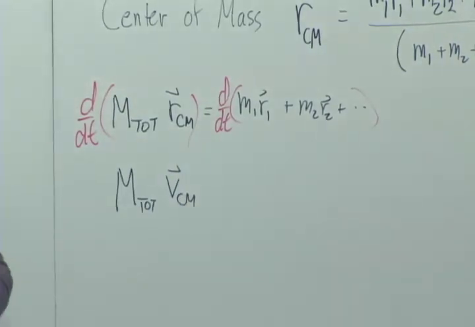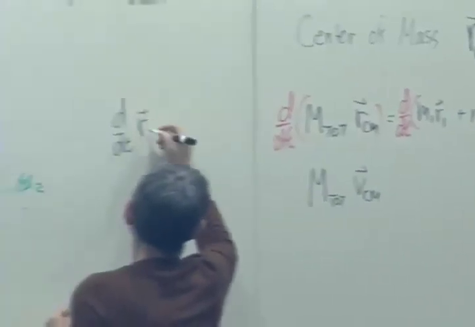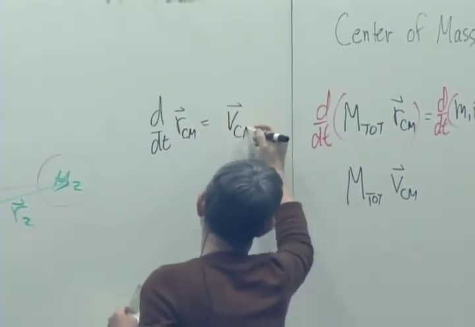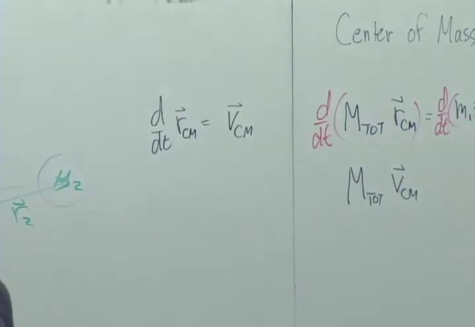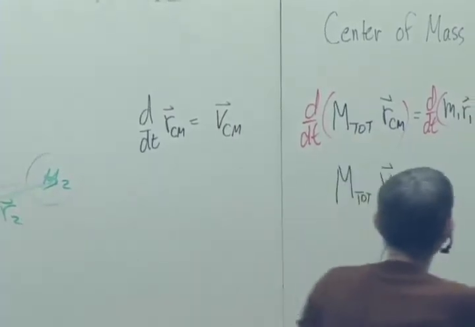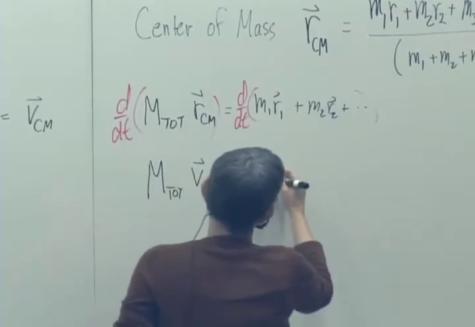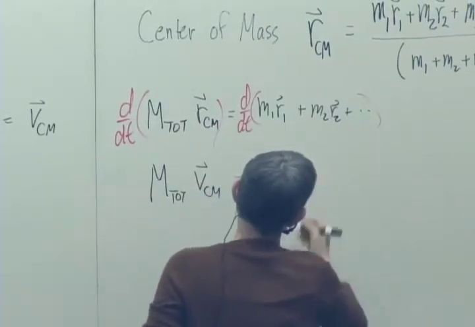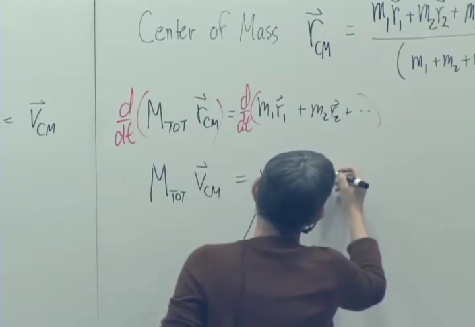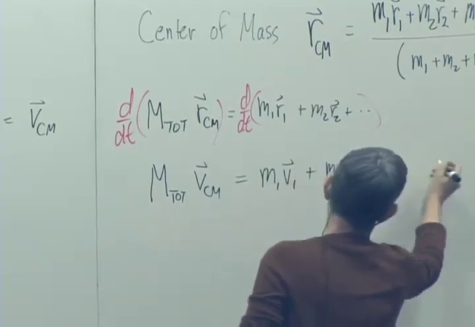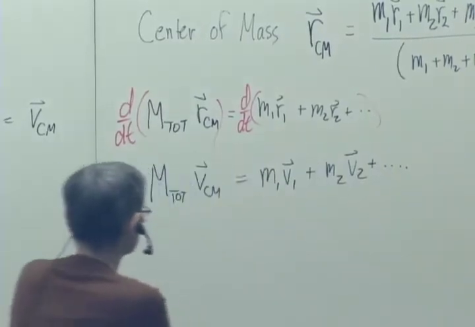On the other side, the masses aren't changing, so we have m1 times the velocity of object 1 plus m2 times the velocity of object 2 plus all that stuff.